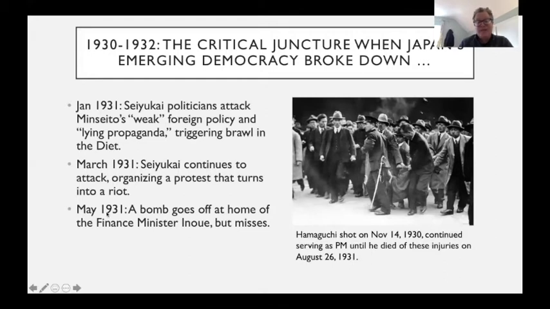A couple months later then, in May, another of the right-wing nationalist groups is implicated in a bombing attempt on the home of the Minseito finance minister named Inoue. They destroyed the gate of his house, but did not actually injure the finance minister.